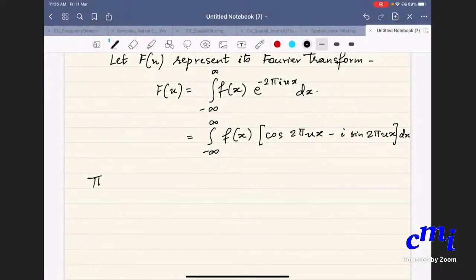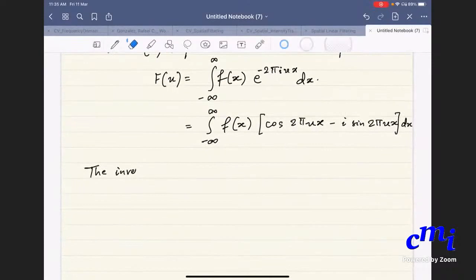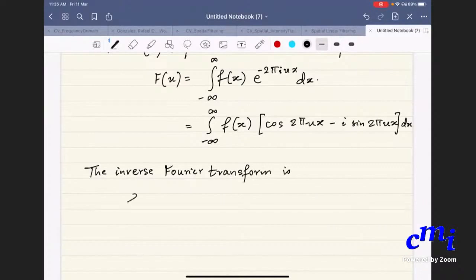The inverse Fourier transform is small f of x equal to the integral from minus infinity to infinity of capital F of u times cos. Now there is no minus.